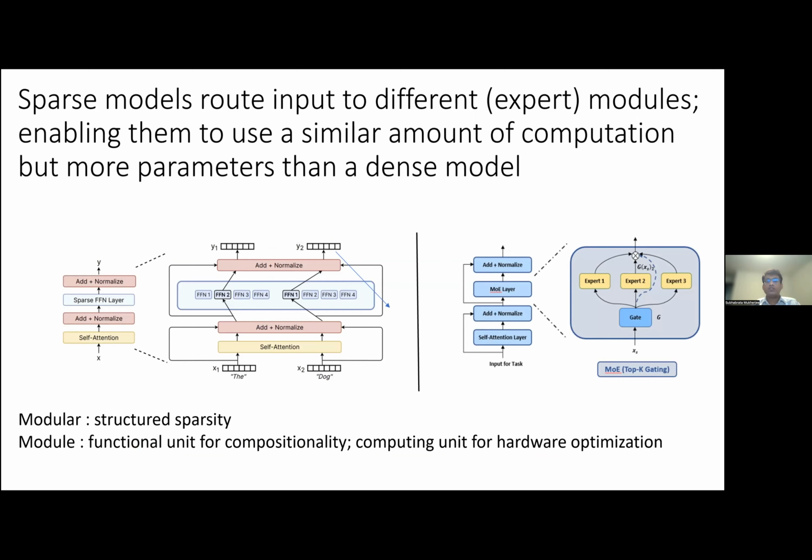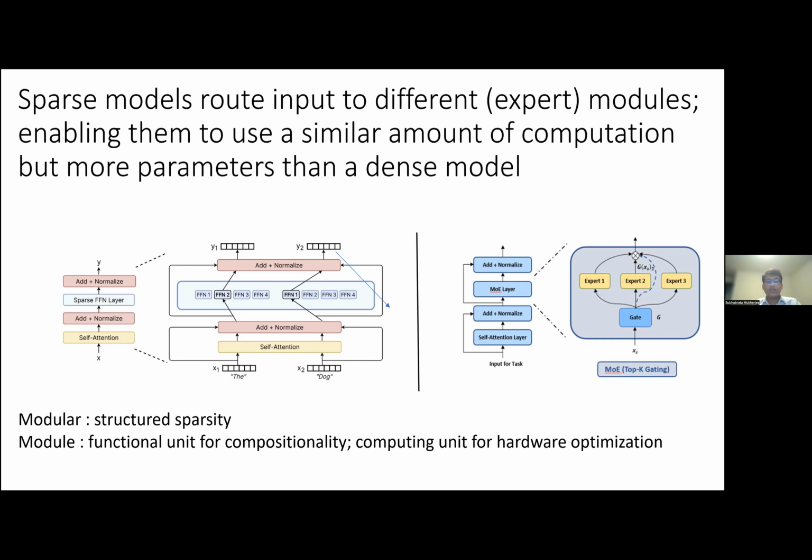This allows us to use the same amount of computation, but also more parameters than a dense model. For instance, in traditional transformers there is a single feed-forward neural network block. In say an AutoMoE implementation, you would not have just one, but multiple FFN blocks, and you would be selecting different combinations or a subset of them based on the context of the input.